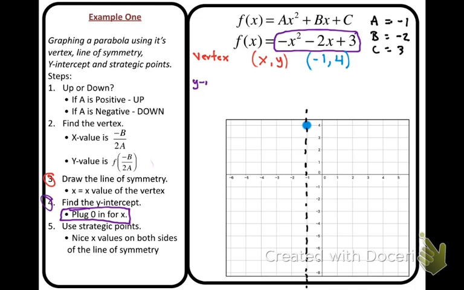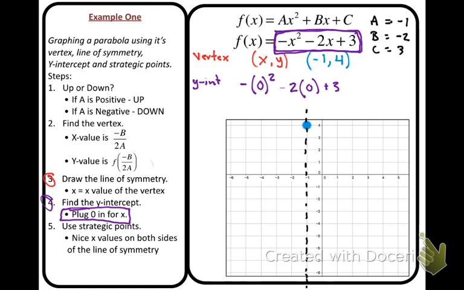So for the y-intercept, we're going to plug in 0. And again, we're plugging it into the equation, where I boxed it in purple. So we have negative 0 squared minus 2 times 0 plus 3.